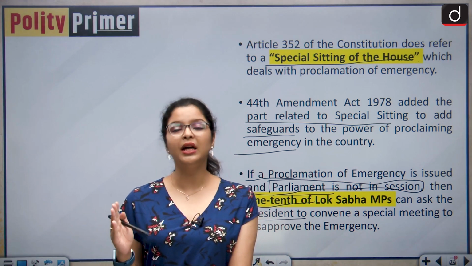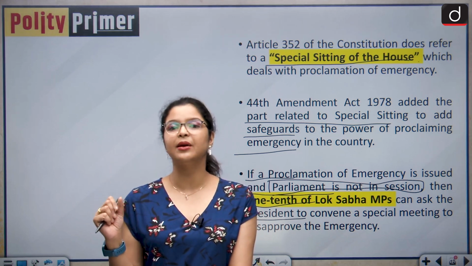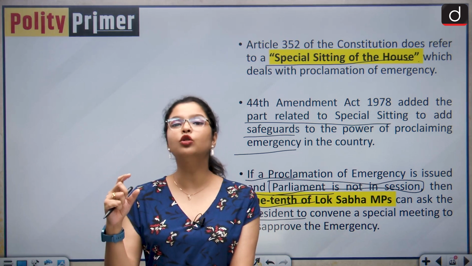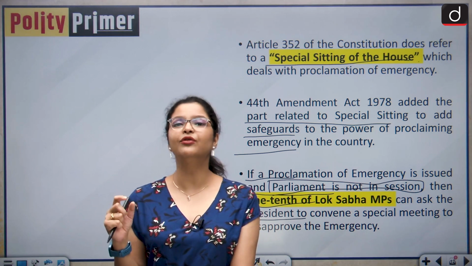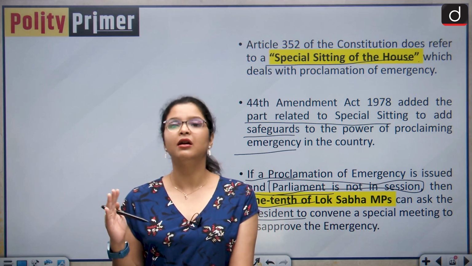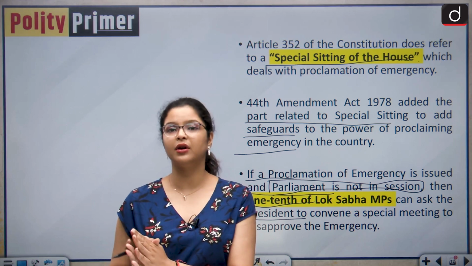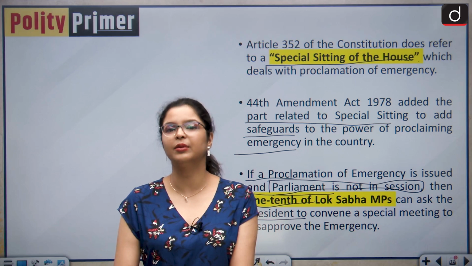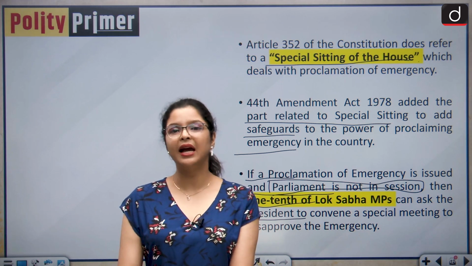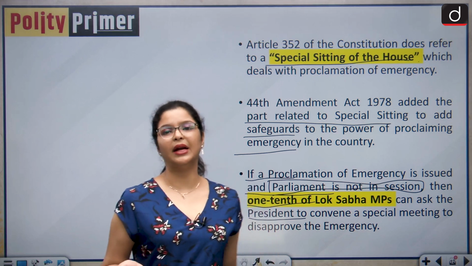So if the emergency has to be revoked, 1/10 of the Lok Sabha MPs can write to the president and call a special sitting of the house, in which they will be discussing whether emergency should be continued or should be revoked. So this is also a kind of safeguard against the misuse of the power of proclamation of emergency.